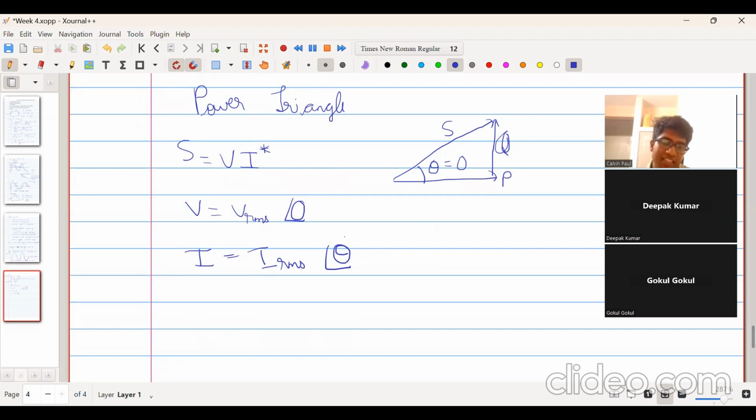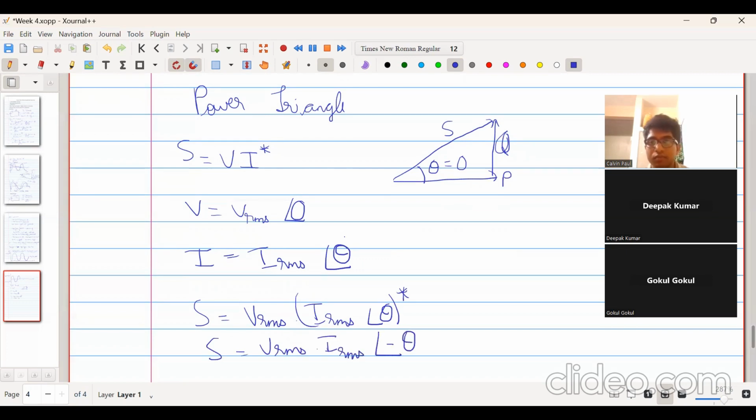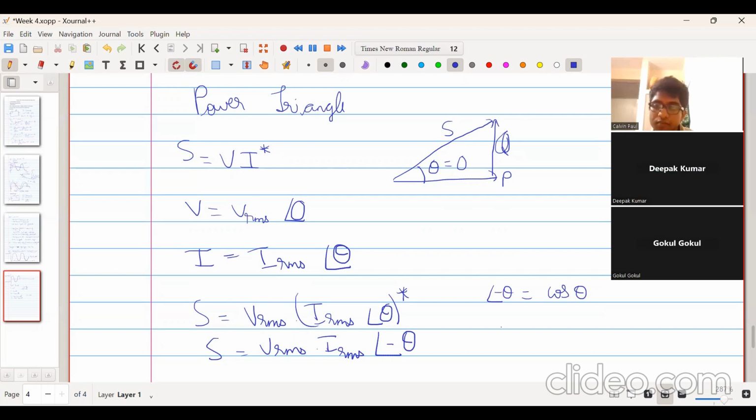That's why S will be equal to V RMS into I RMS angle theta and its conjugate. So that will be equal to V RMS into I RMS into angle minus theta. Angle minus theta can be written as cos theta minus j sine theta.